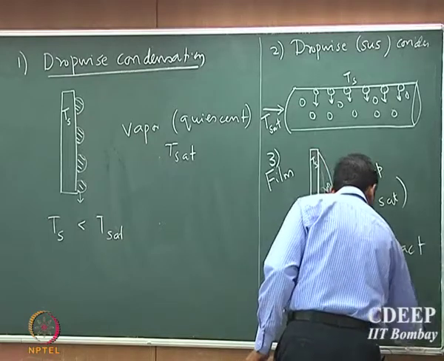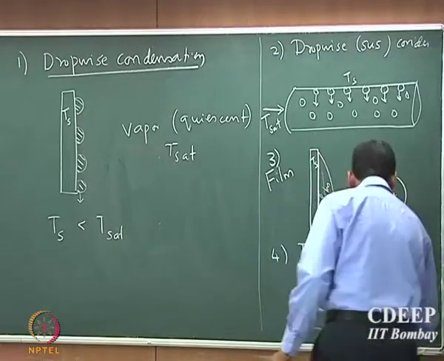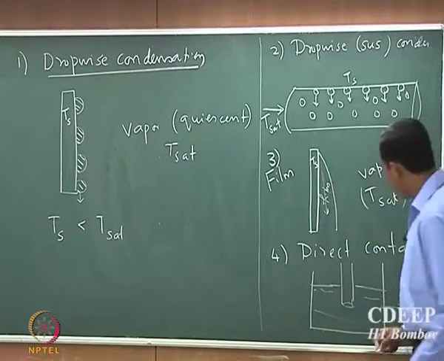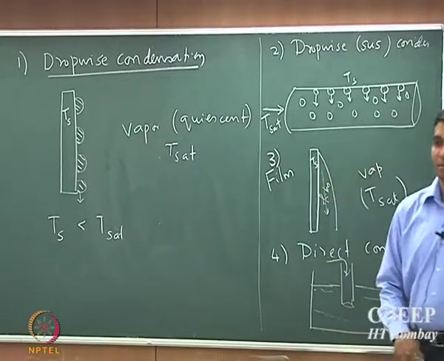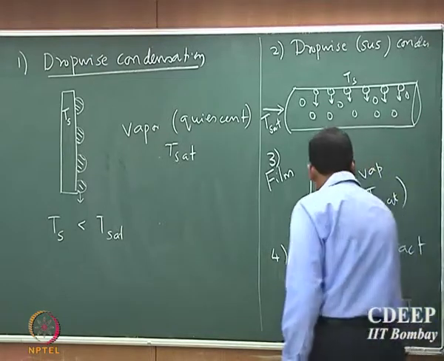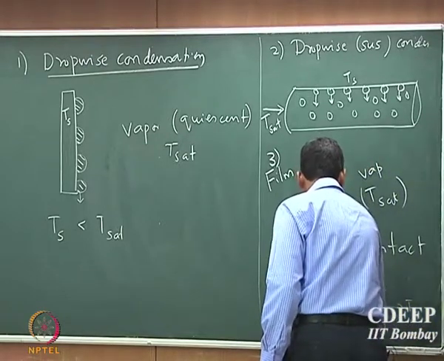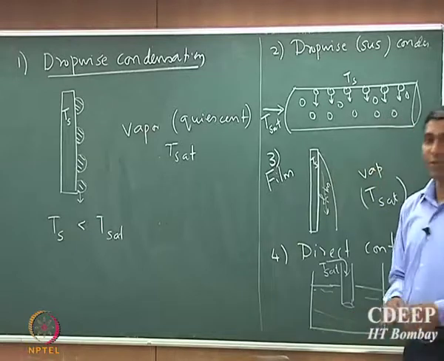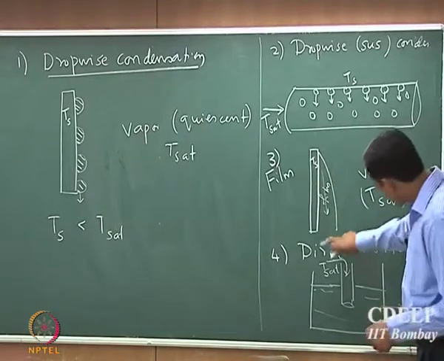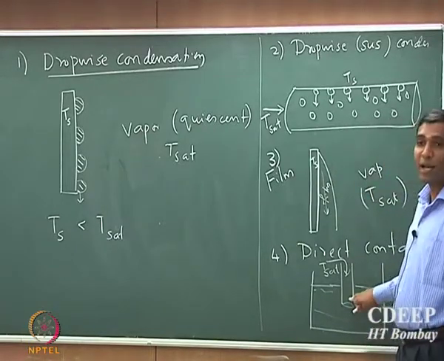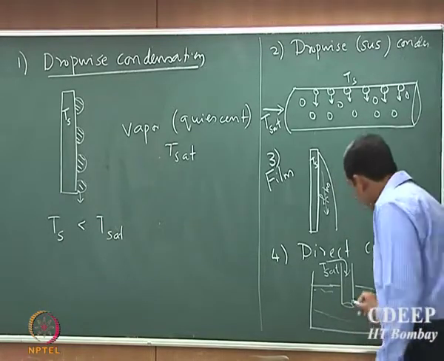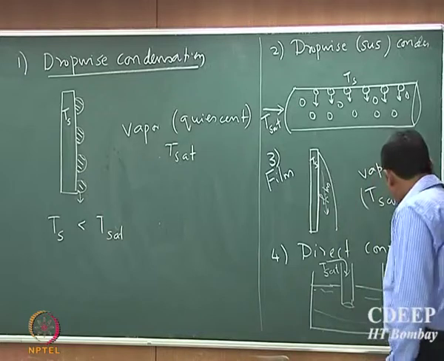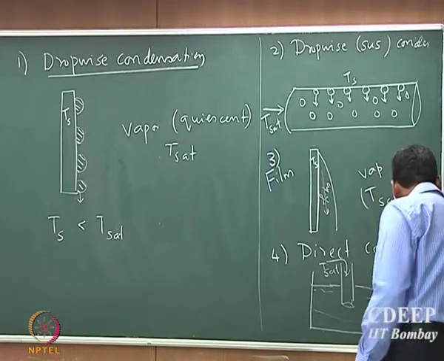The fluid is maintained at Ts. Now, I am going to pass gas through this tube, a vapor which is at Tsat. Basically, I am going to bubble the vapor through this liquid. Now, what happens? The liquid is at a temperature which is smaller than Tsat.